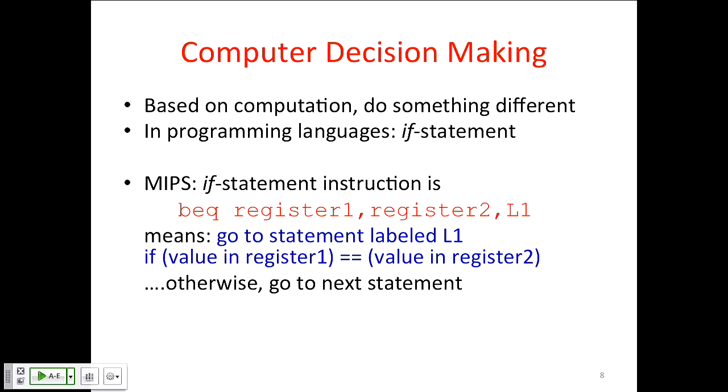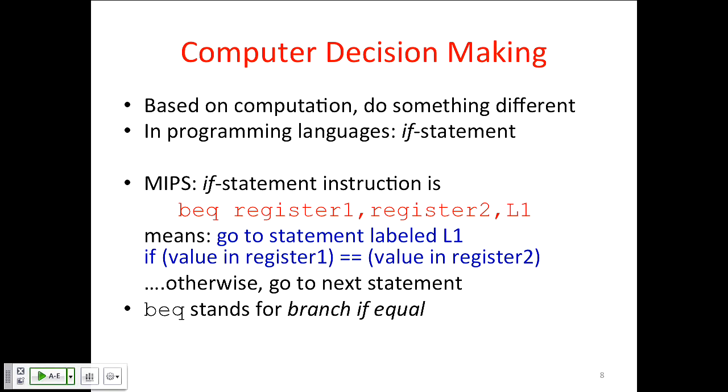But if the condition is false, the branch instruction acts like nothing. You just ignore it and step to the next instruction, right? So only if the condition is true does it do something, which is go to the target label. But if the branch is false, you just fall through to the next sequential instruction address. Okay, that's how the branches work.